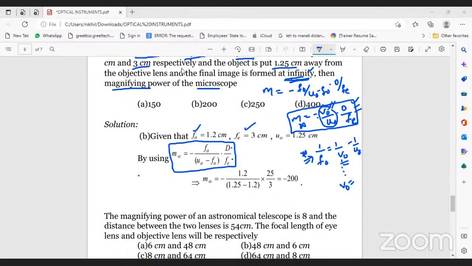What about Dhanlakshmi? You got 200? Do the calculation.